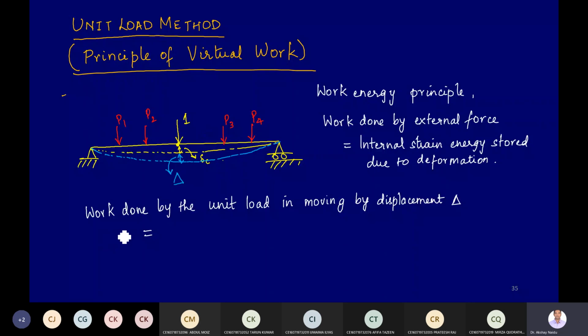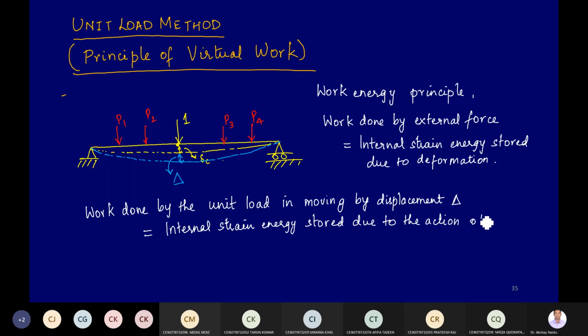Because of these forces. It is equal to the internal strain energy stored due to the action of the applied forces.